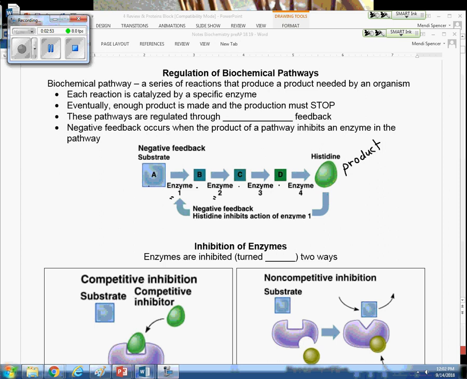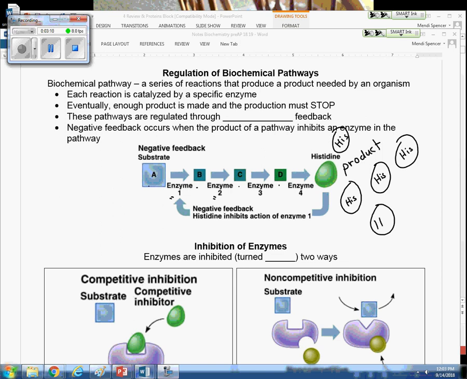Let's say that this process is continuing to happen and the body is making a lot of histidine. So let's go ahead and put a lot of histidine in there. If you want to go ahead and label them HIS, so you know we're making a bunch of the product.